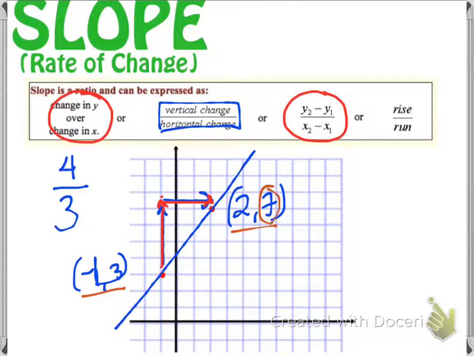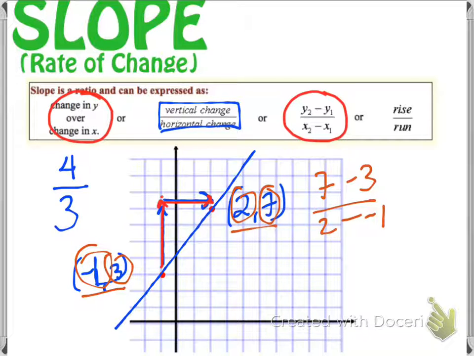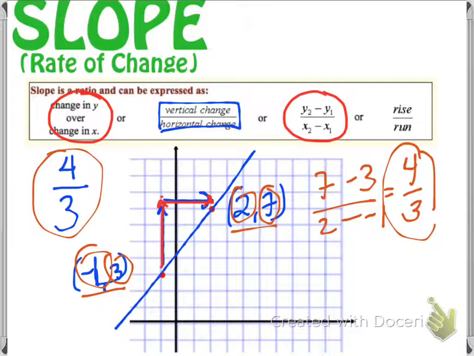So here's our y2 minus y1 over x2 minus x1. That would reduce to 4 over 3. Same slope as we got before. Or rise over run. It's just from one point, rise, up, run, forward.